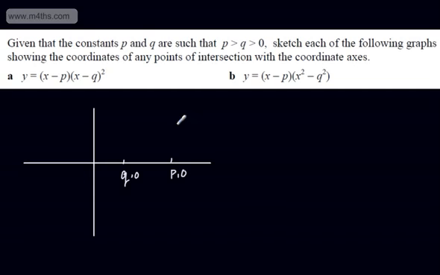So all we need to show are the points of intersection. We need to be very careful now because we want to show the points of intersection with the y-axis. So when x is equal to 0, I'm going to have minus p multiplied by q squared. This is greater than 0. This will always be greater than 0.